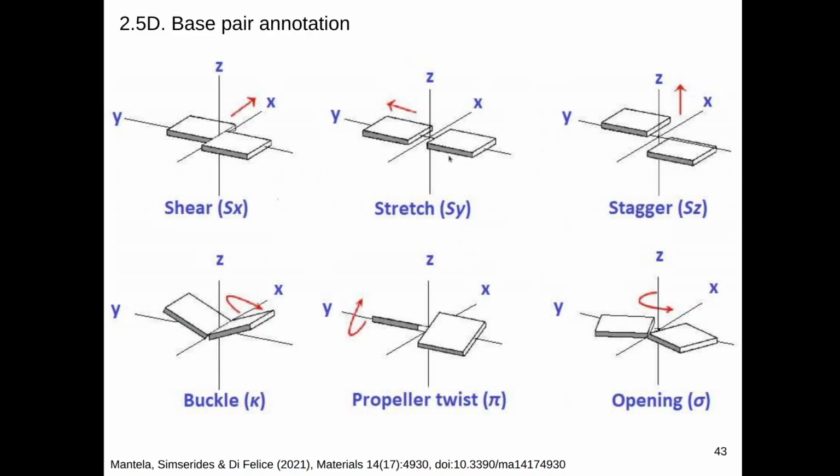So for each doublet, we can calculate, for example, these six parameters: three distances, shear, stretch, stagger, or three angles of how the planes of the bases are rotated relative to each other. And we have a standard set of known base pairs for which we know the perfect parameters, and by judging the parameter values, we either annotate this doublet as a base pair or we do not.